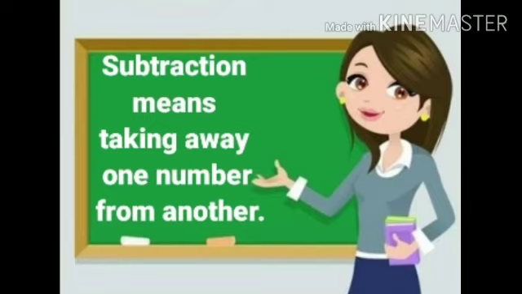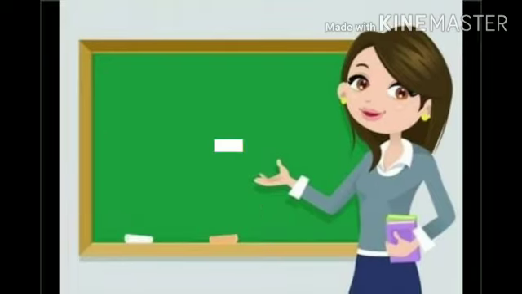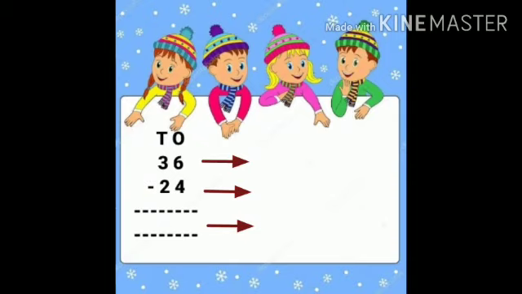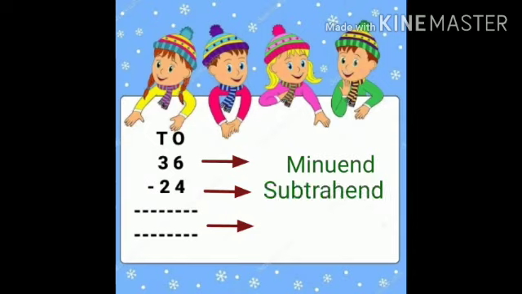Now, students, this is the sign of subtraction. It is called minus. First of all, we should understand that in subtraction, the greater number is called minuend and the smaller number is called subtrahend.